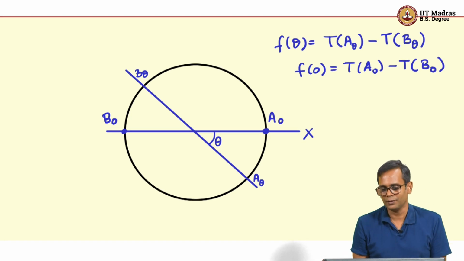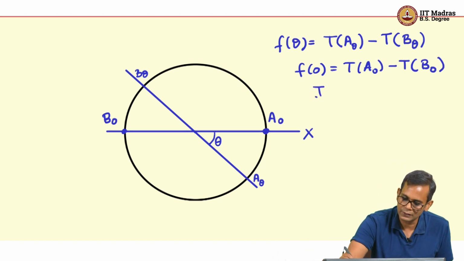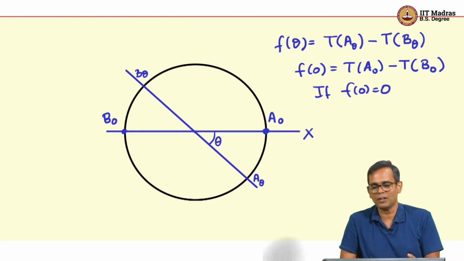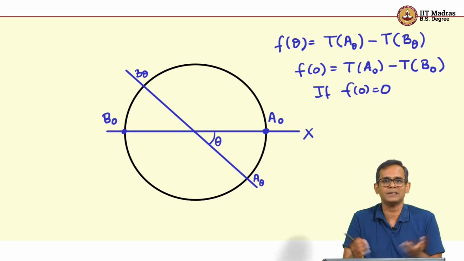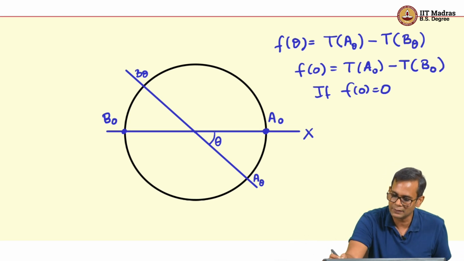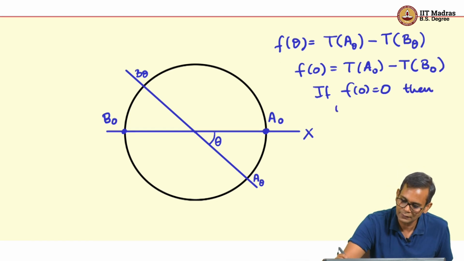Now, if f of 0 is equal to 0, then we are done, because we found 2 points A0 and B0 which are diametrically opposite and have the same temperature, because saying f of 0 is 0 is just saying that T of A0 is equal to T of B0. So, then we are done.